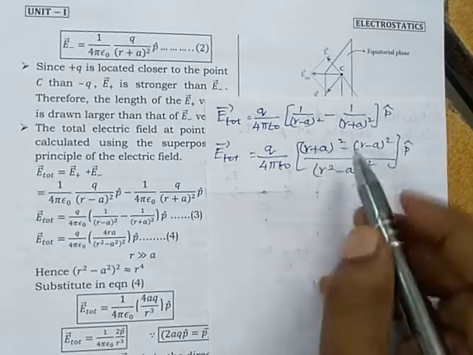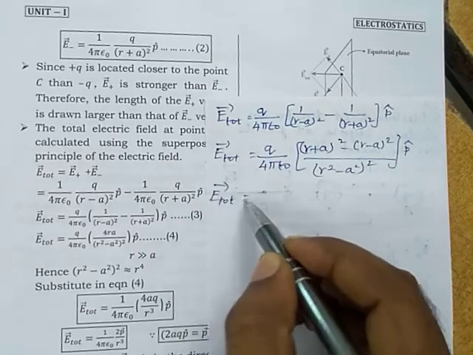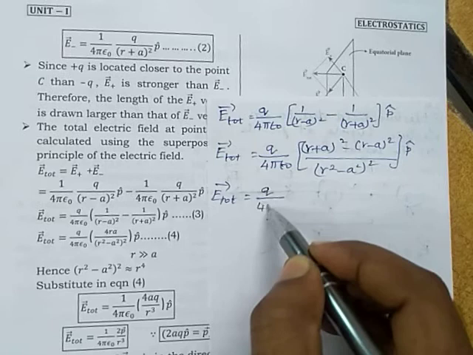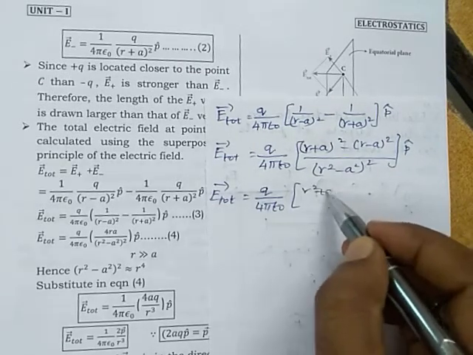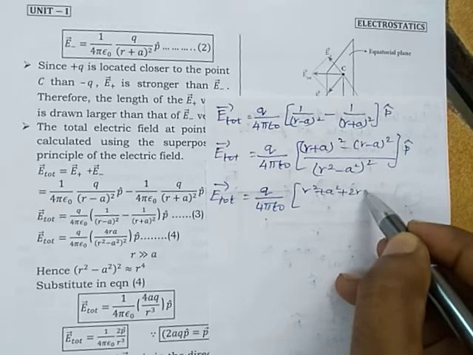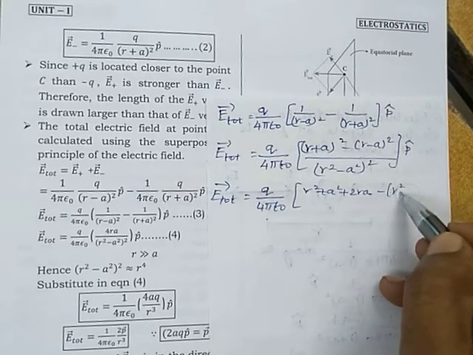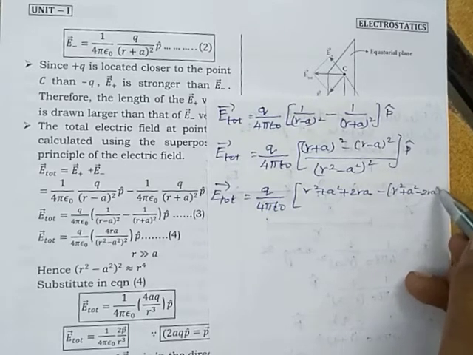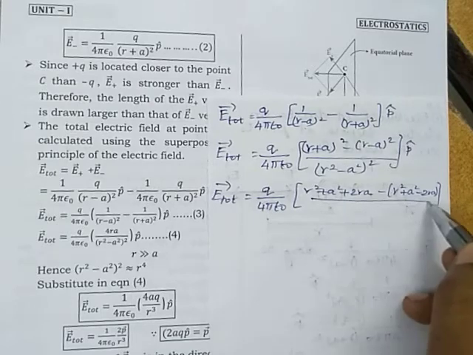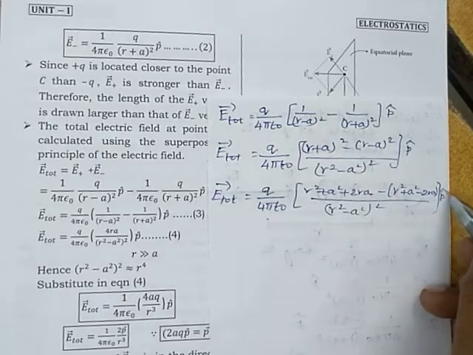Then solving this, E total vector is equal to q by 4 pi epsilon naught, that is r square plus a square plus 2ra minus r square plus a square minus 2ra, divided by r square minus a square whole square into p cap.